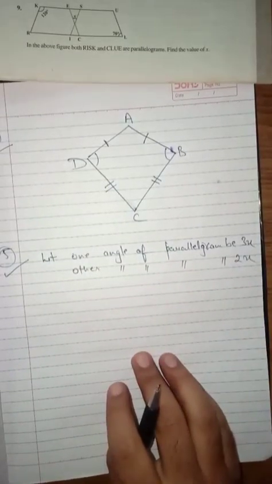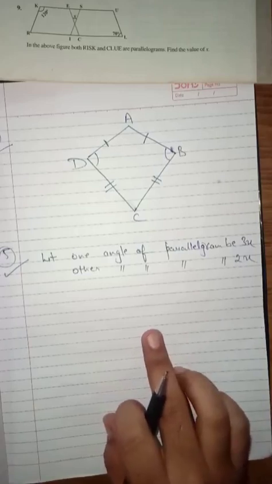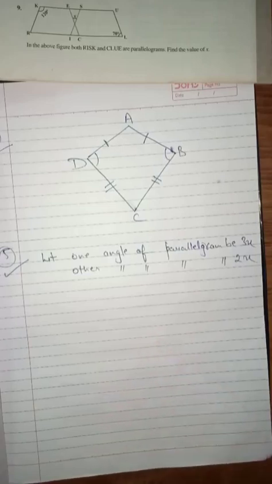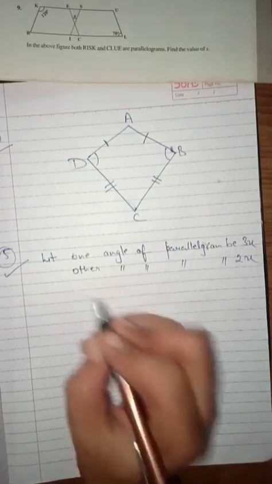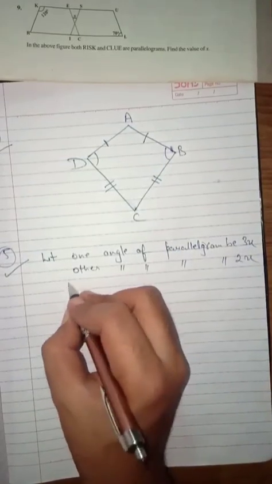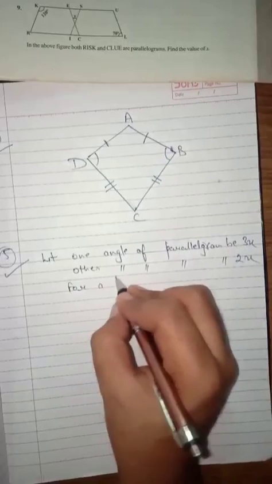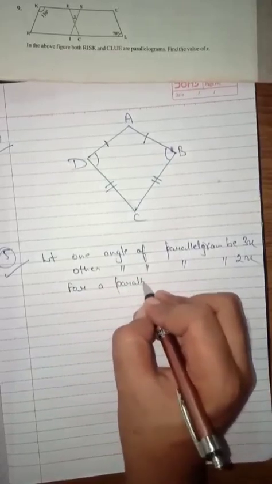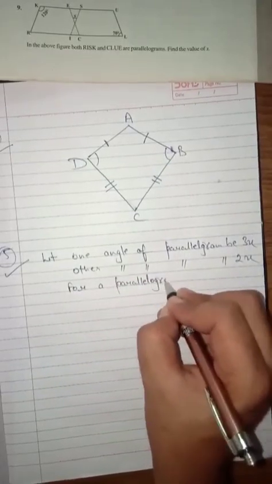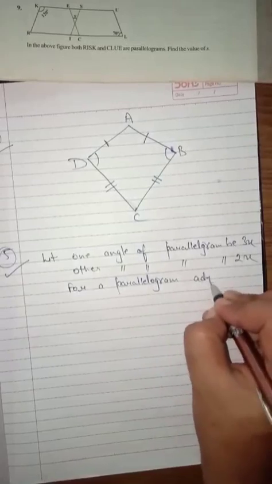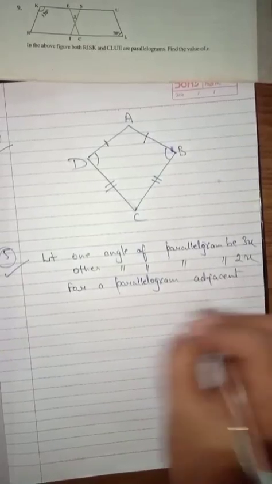3:2 was given. Now students, which kind of angles are given in the question? Those are adjacent angles. We have studied that for a parallelogram adjacent angles are supplementary. So we should mention this for a parallelogram: adjacent angles are supplementary.